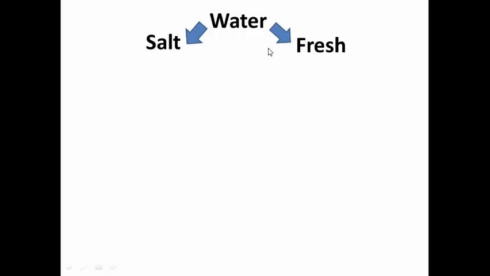Salt water and fresh water. First of all, you can give me some examples of salt water. Some examples of salt water are oceans, yes, perfect, and seas. If you put a few drops of this water on your tongue, you will feel it salty.